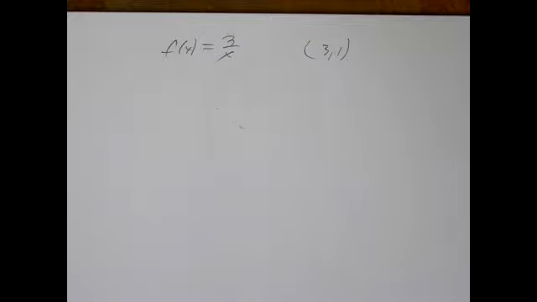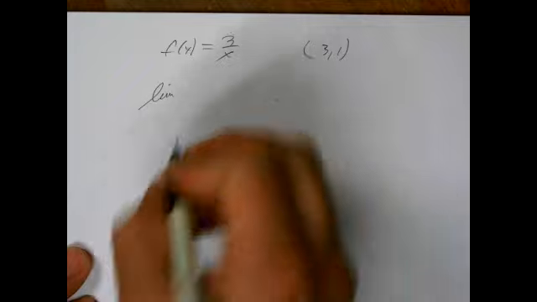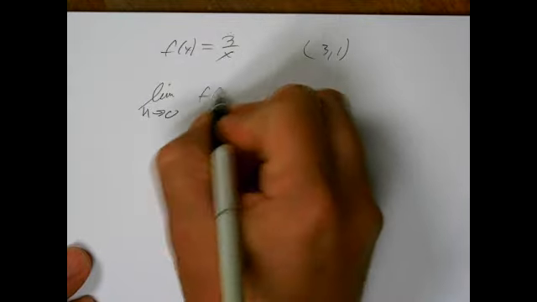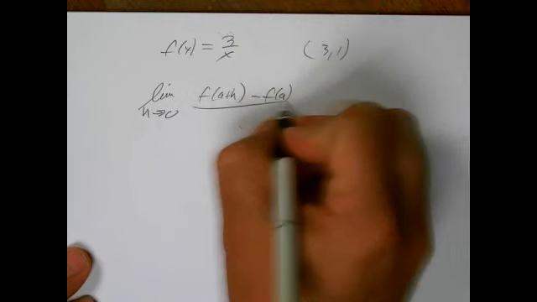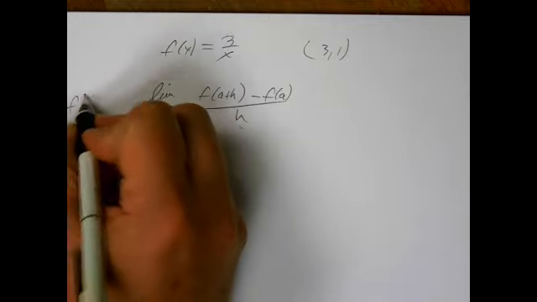We will be finding the limit as h approaches 0 of f of a plus h minus f of a over h. That is going to be our f prime of 3, right?